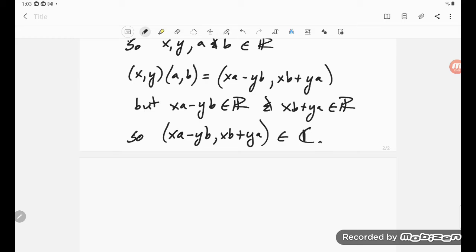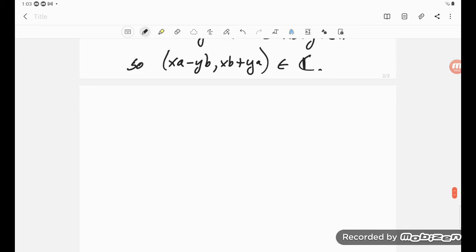Again, it just appeals to that definition of what a complex number is, which is just an ordered pair of real numbers. So that was 1.10.